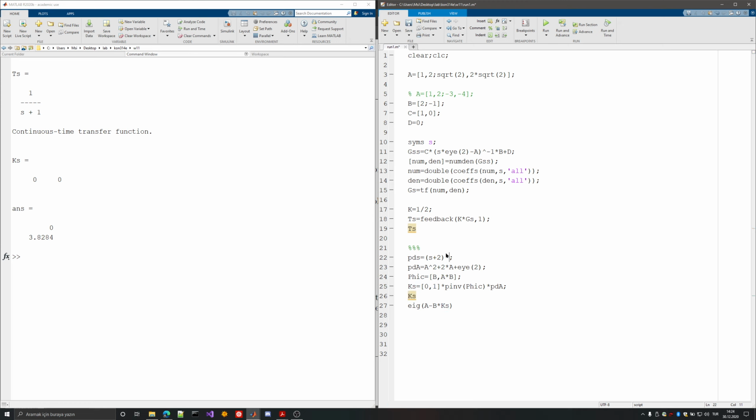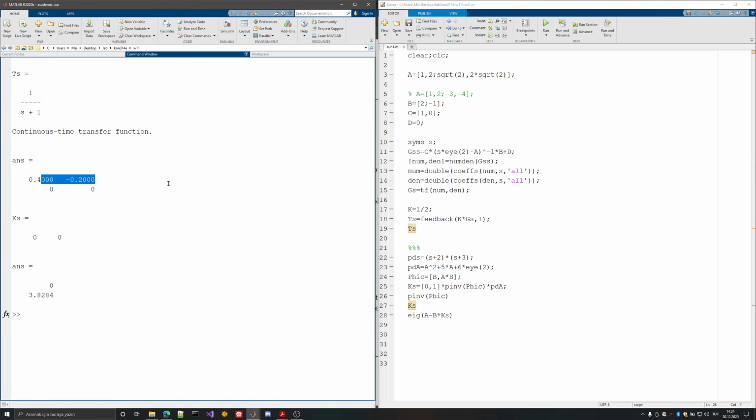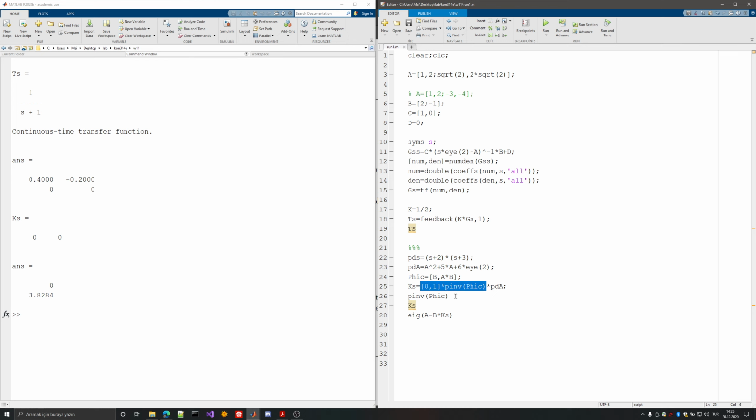Maybe let's try one thing out, and if it's not working, then it is not. Oh, we have to change this here. This should be 5 and this should be 6, I guess. And if we run it, nope, it's not working, because the P inverse phi c gives me such a vector that it's not possible to assign it. And this expression is here very crucial, and you can see it's not working.